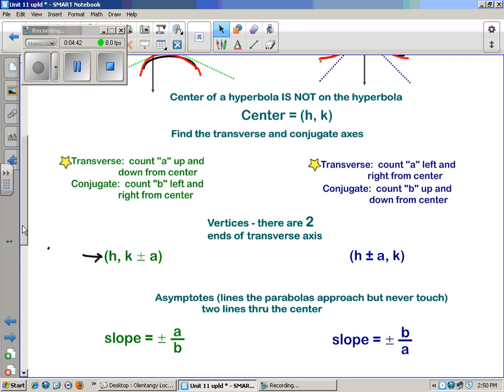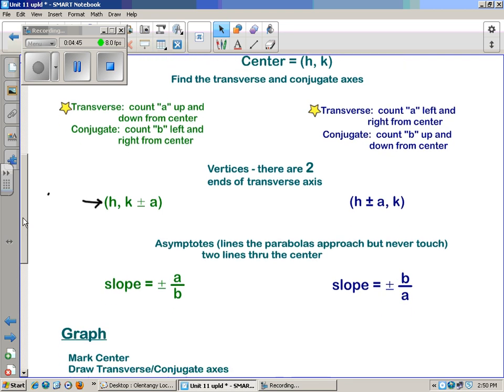And then the asymptotes, and that's a word you're going to hear a ton in pre-calculus, a ton in calculus. Asymptotes are lines that the hyperbola, or really any shape, but for our purposes today, just hyperbolas, are going to get closer and closer to, but they're never going to actually touch them.